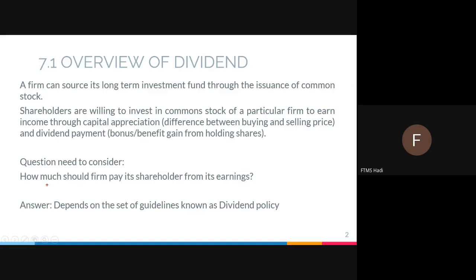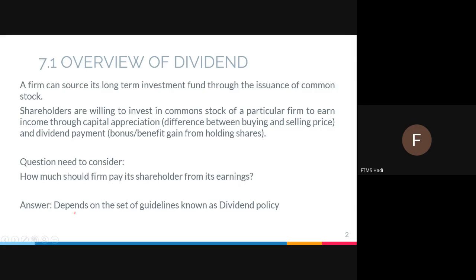The question to consider is: how much should a firm pay to its shareholders from its earnings? From the profit that the company generated, how much should the company give to the shareholders? Remember, not only one shareholder; we have hundreds, even thousands of shareholders who invested in the company.